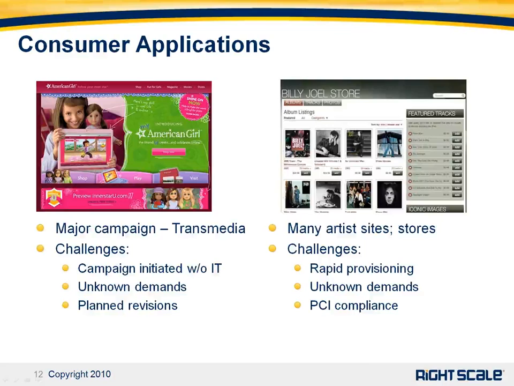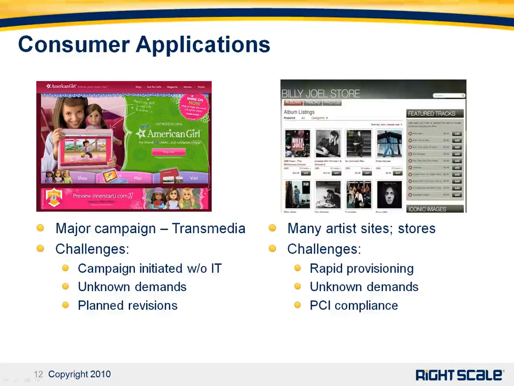In the case of Sony Music, here's a situation where Sony is managing and maintaining and marketing hundreds of different sites for their various artists, as well as the online stores. As you might imagine, although the applications are very different, so the BritneySpears.com app is different than Bob Dylan, is different than Billy Joel, the underlying architecture and the infrastructure configuration is very similar.